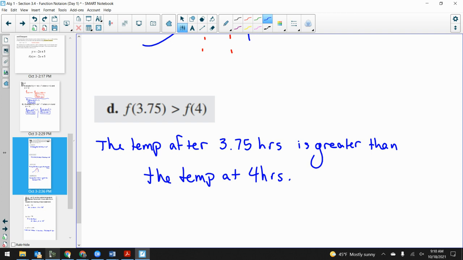The temperature after 3.75 hours is greater than the temperature at 4 hours. Which makes sense too. Obviously, it's going to be the hottest it's going to get at 3 hours 45 minutes. And then I remove it from the oven, then it's going to start to cool.